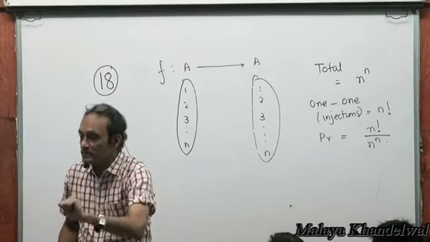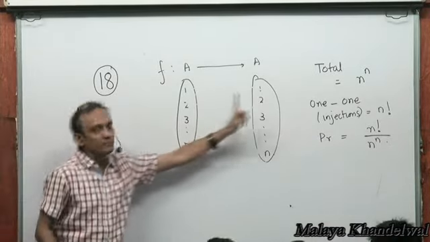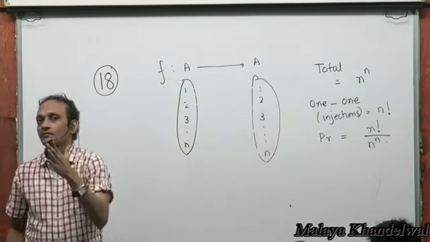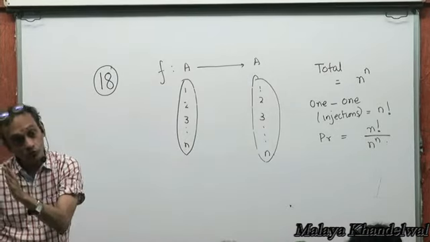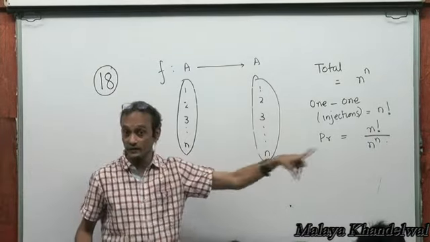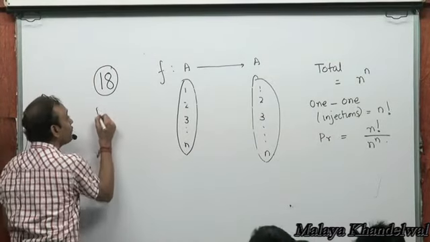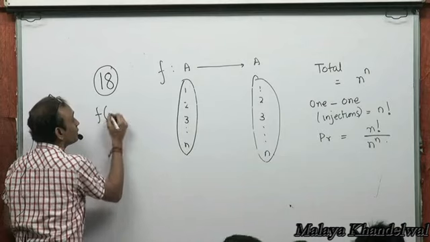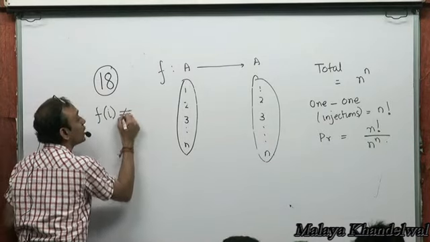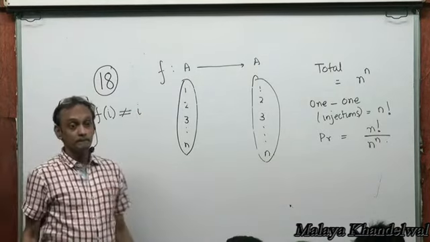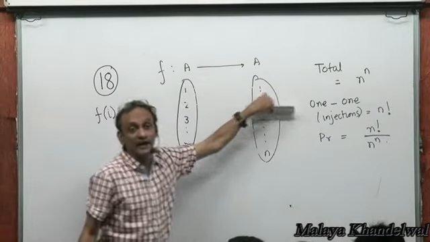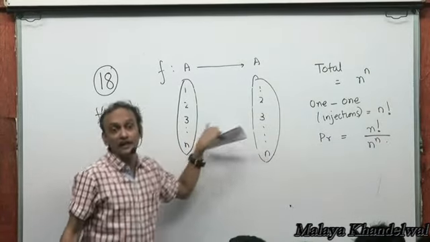What's the probability of creating one-to-one maps from A to A, injective maps only, which will be a subset of this n!, such that f(i) is not equal to i. That means f(1) is not 1, f(2) is not 2, f(3) is not 3.